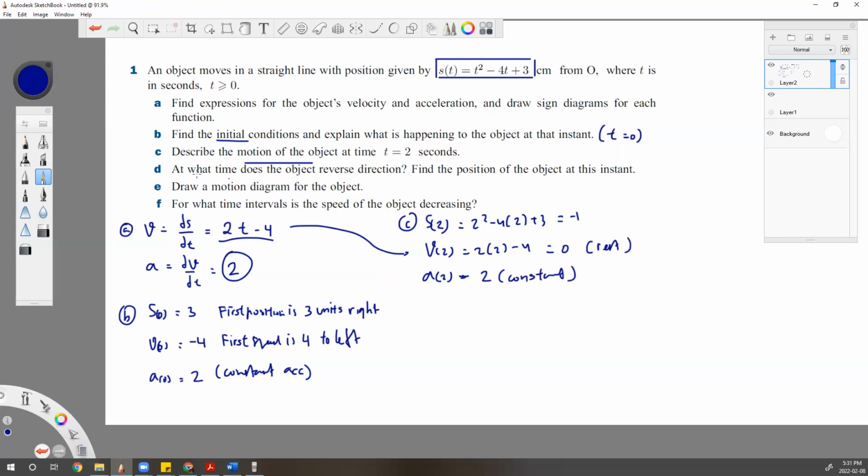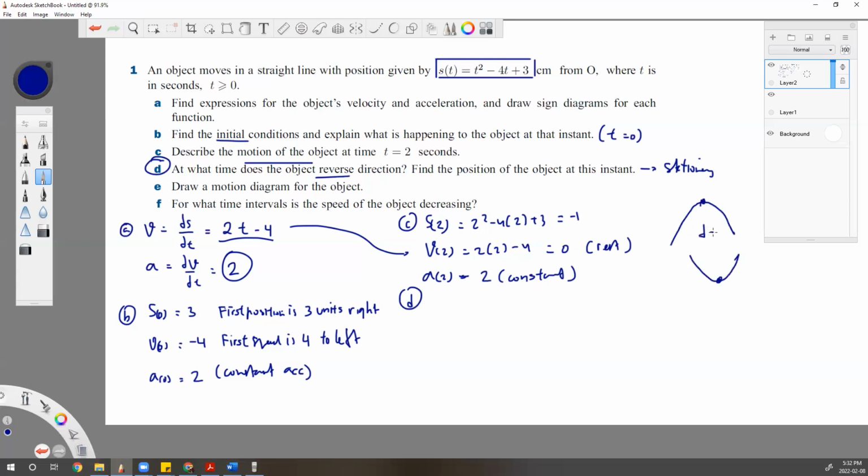At what time does the object reverse direction? Reverse direction means you change the direction. So when it is reversing the direction, it has to be stationary, remember, from going up to going down, or from going down to going up.